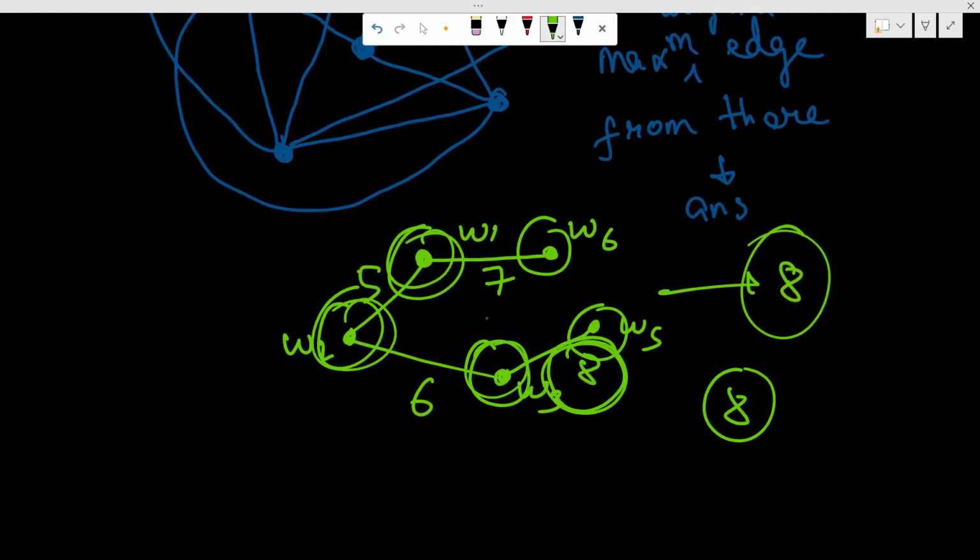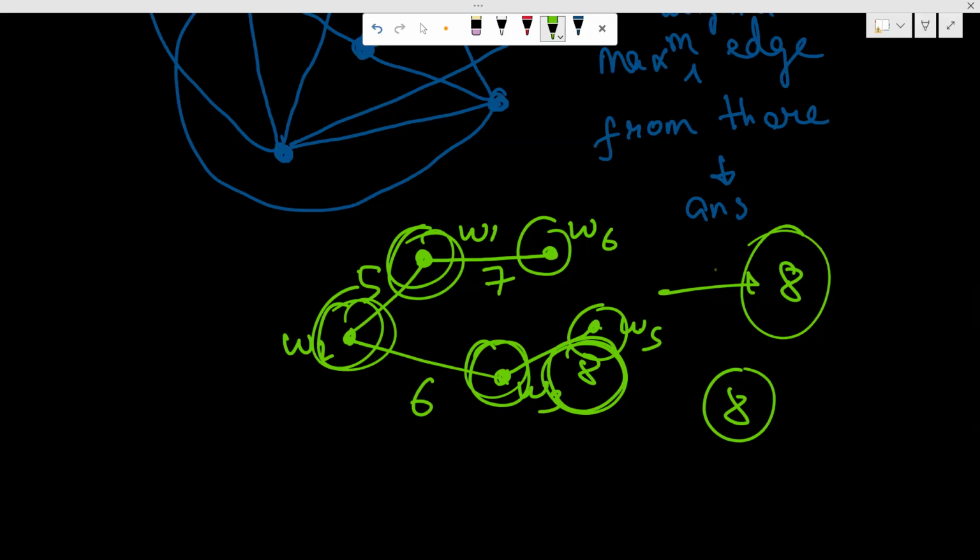Because this is the MST. So if I am forming a tree, if well 3 is connected to well 5 and well 3 is connected to well 2, then we can also say that well 2 is also connected to well 5. So if I construct the MST of the graph and take the maximum weighted edge from there, do you guys agree that that will be my answer?